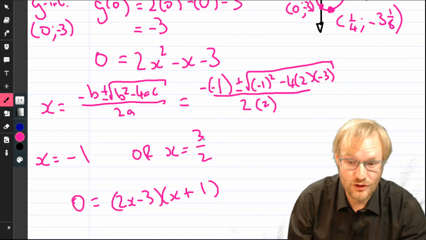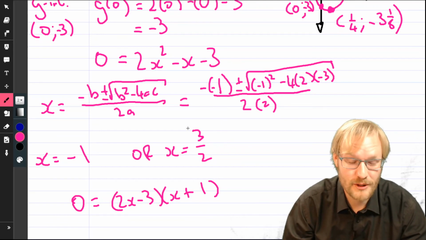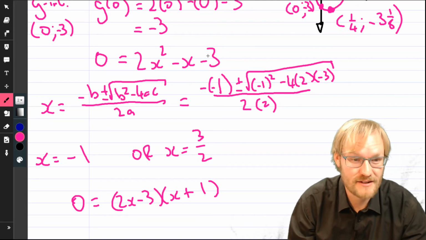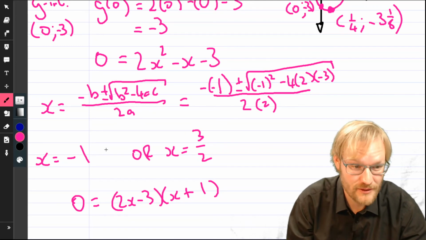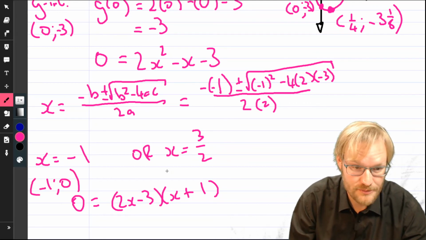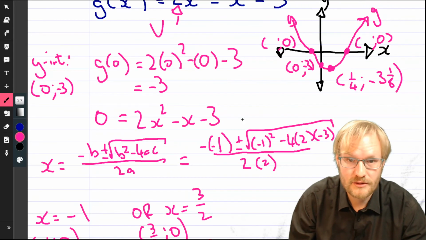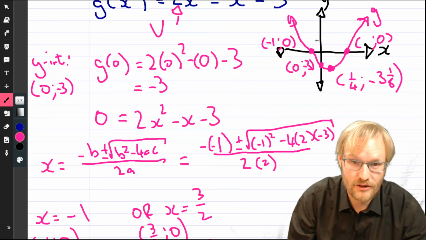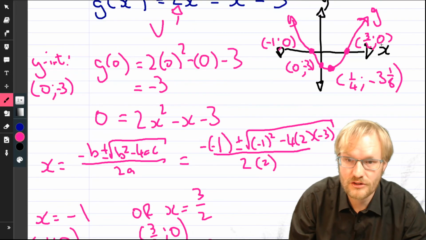It's really going to be up to you. Most of the time, you're probably just going to reach for the quadratic equation and go for it unless the factorization comes to you straight away. The point is, we've got our two x-intercepts, (minus 1, 0) and (3 over 2, 0). Put that back into our graph, at minus 1 and 3 over 2.